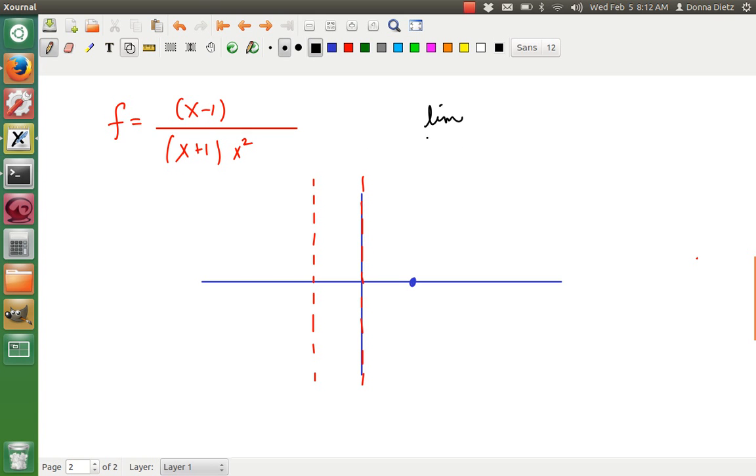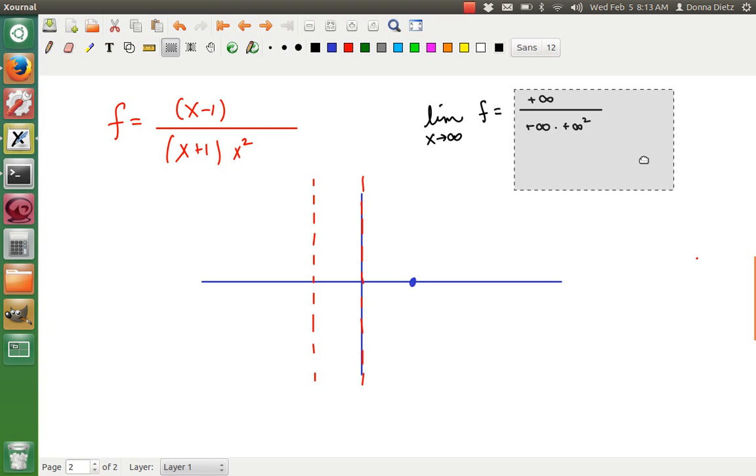Limit as x goes to infinity of f is going to be just a positive infinity over positive infinity squared. And that's completely illegal, okay? But what I want you to look at is that everything's positive, so whatever's happening is going to be positive, that's for sure. Okay. So we're not allowed to draw those infinities like that.